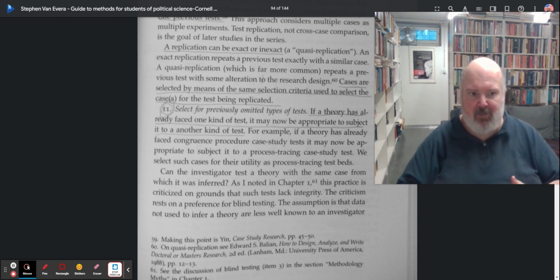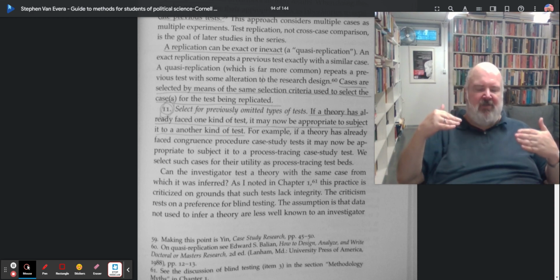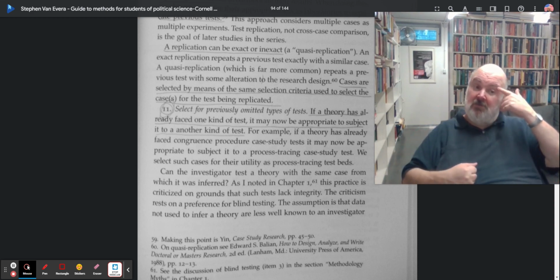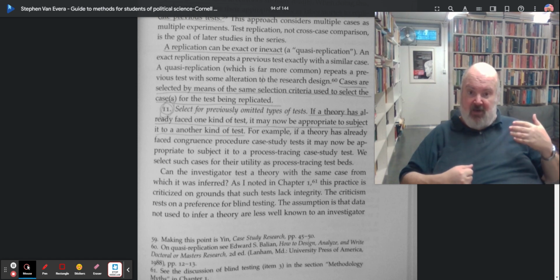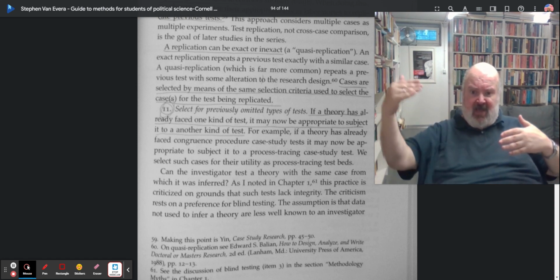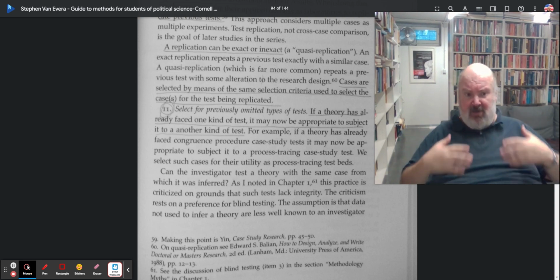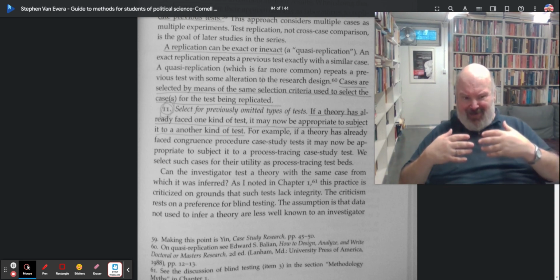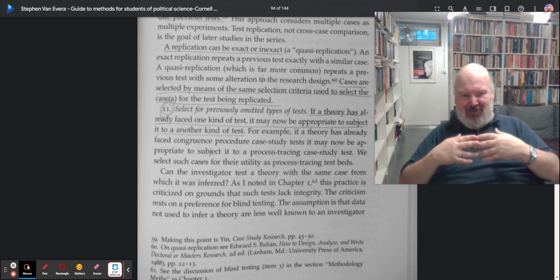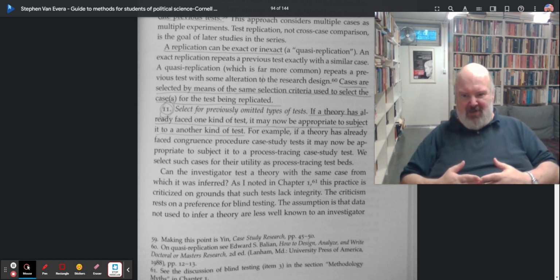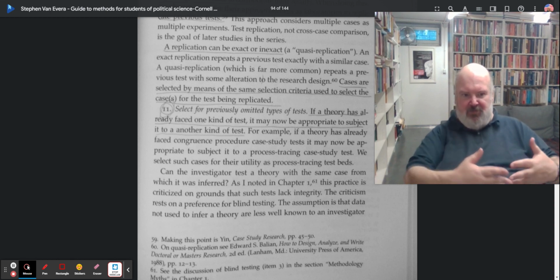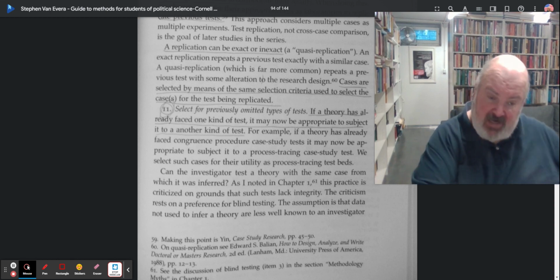Remember that the type of test you use is always going to be relative to the type of case you use. The cases are selected by means of the same method you use to pick the kind of cases you'd use this kind of test for.